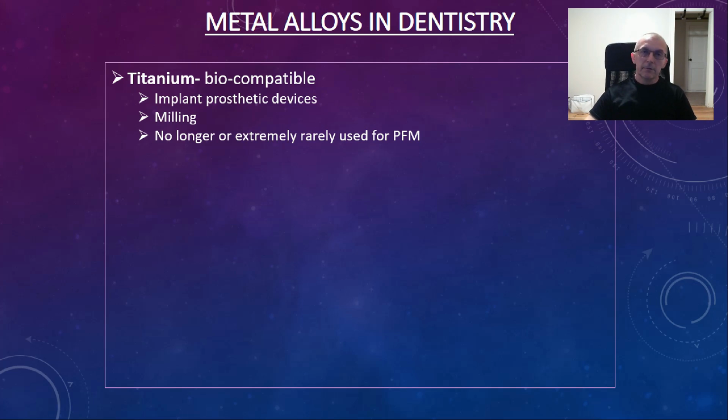It's no longer used for porcelain fused to metal, or if it's used, it's extremely rare. I haven't heard of anyone using it. The last time I saw somebody use titanium was in a laboratory about 25 years ago, where I went to visit.